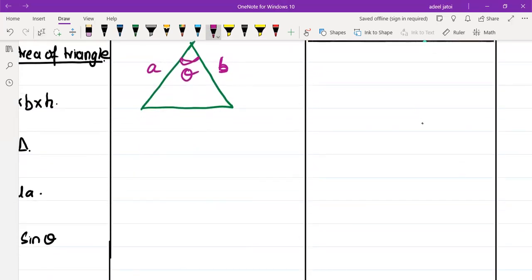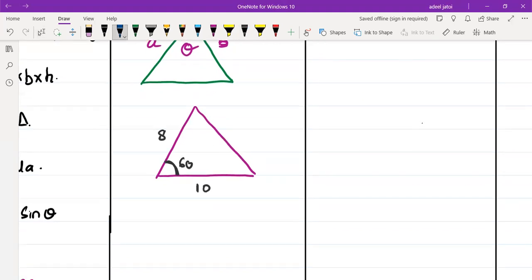Similarly, considering the formula, let's say this side is 8 and this is 10, and the angle that we have is 60. To find the area of the triangle, your area will be half into A into B into sine theta.